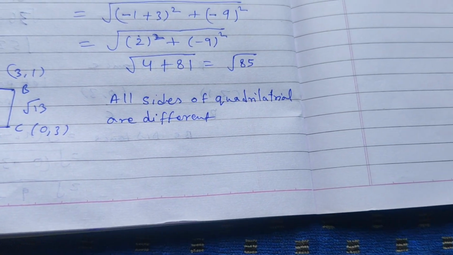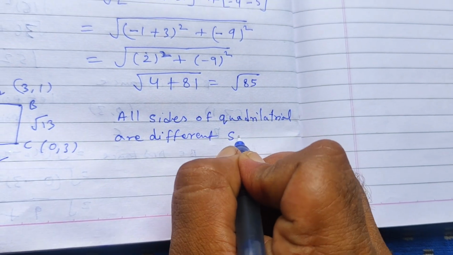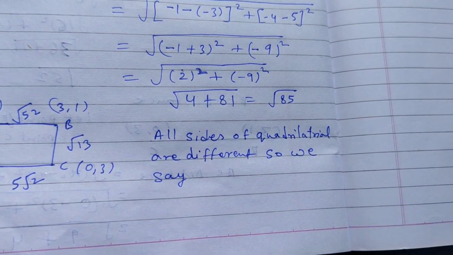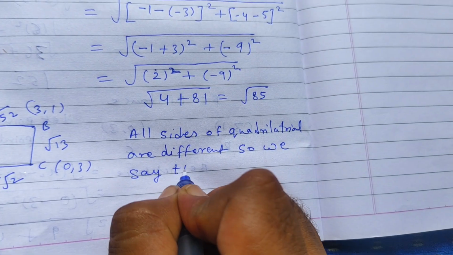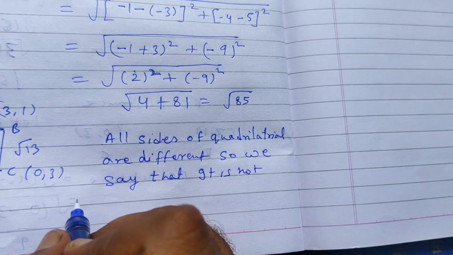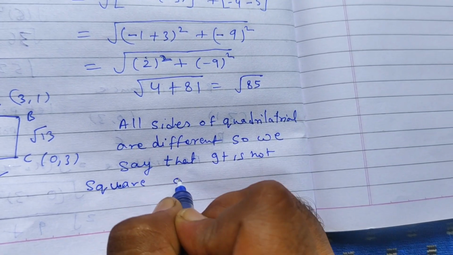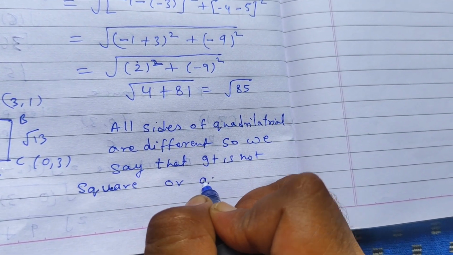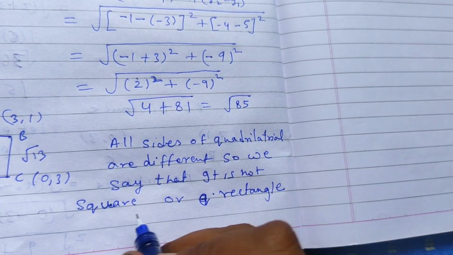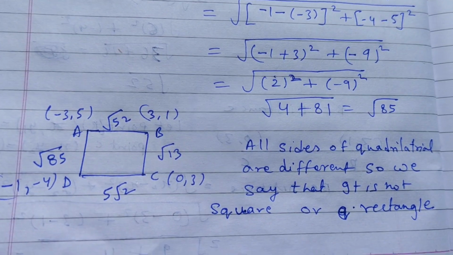Here all the sides of the quadrilateral are different, so we say that it is not a square or rectangle. So, next question.